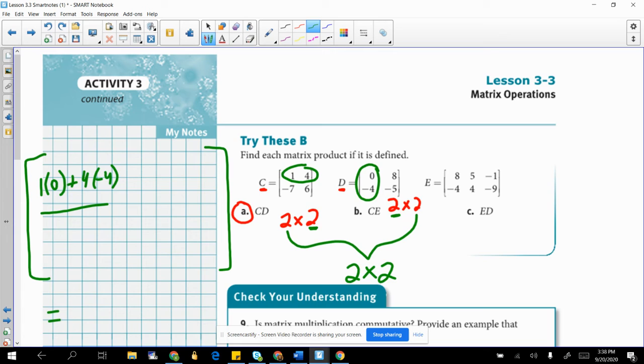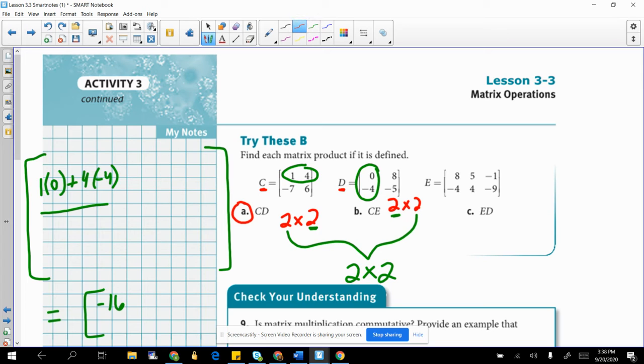Okay, and we'll go ahead and write our simplified version down here as well. So 1 times 0 is 0, plus 4 times -4 is a -16, right? So 0 plus -16 would be a -16 in that first spot.